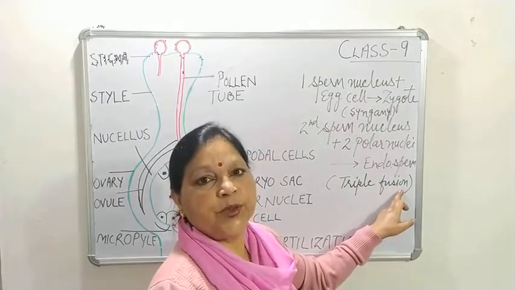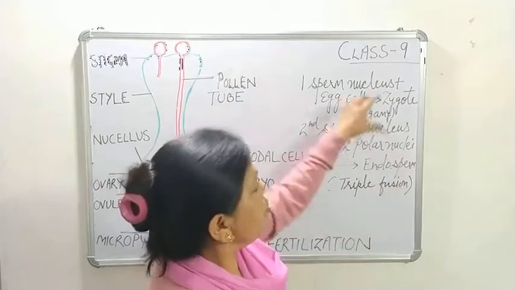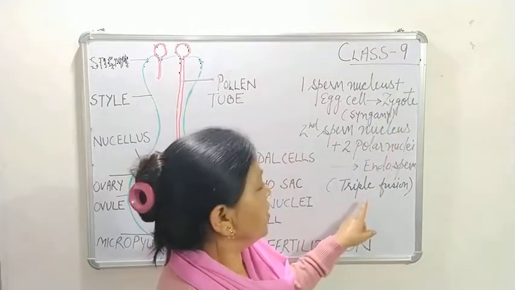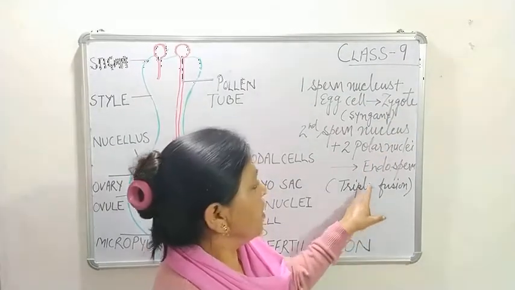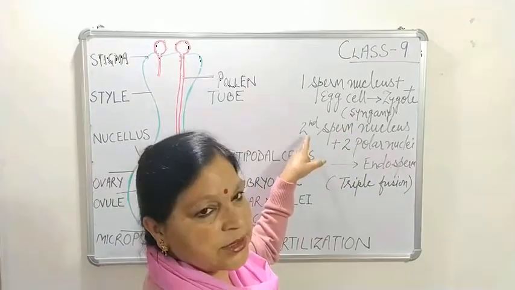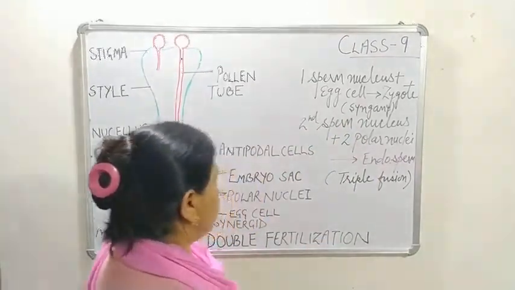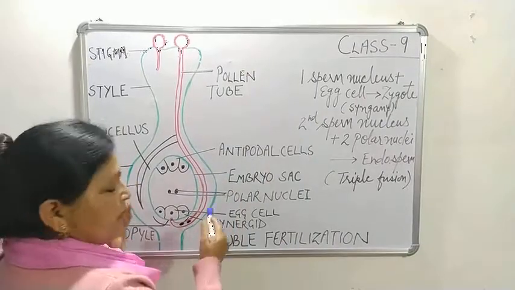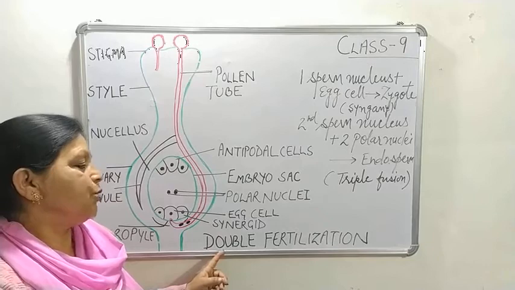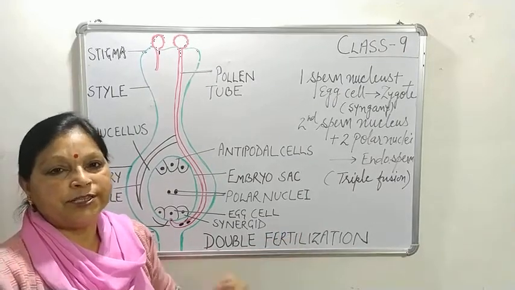So one is syngamy, by which the zygote is formed, and the other is triple fusion, by which the endosperm is formed, where 3 nuclei fuse together. Because inside the embryo sac 2 fertilizations are taking place, the process is known as double fertilization.